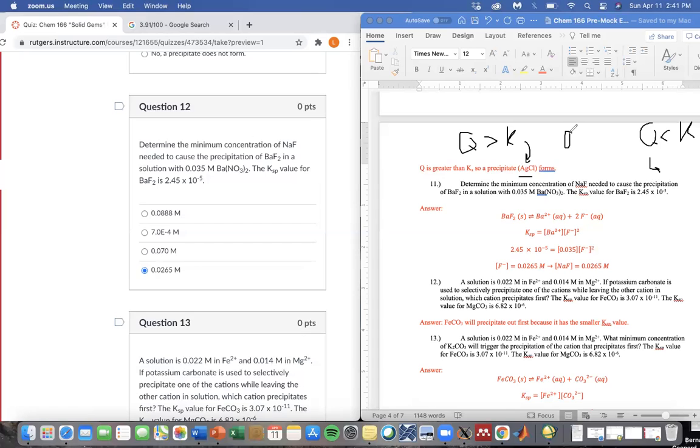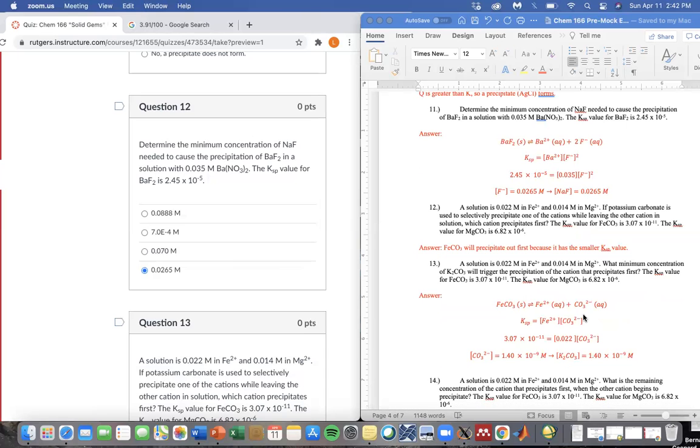But at Q equals K, you're right at the border between these two. So if you were to add any more F minus to the solution, you would end up creating a precipitant, because then Q would be greater than K. So you can use K as a frame of reference for the minimum concentration to cause a precipitant. Okay, got you.